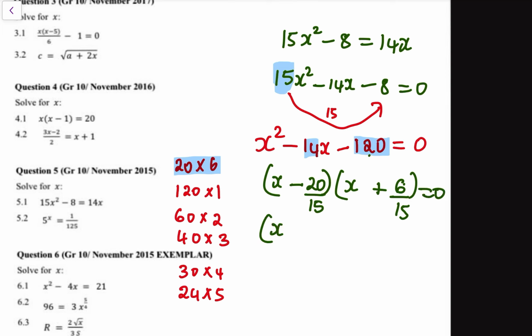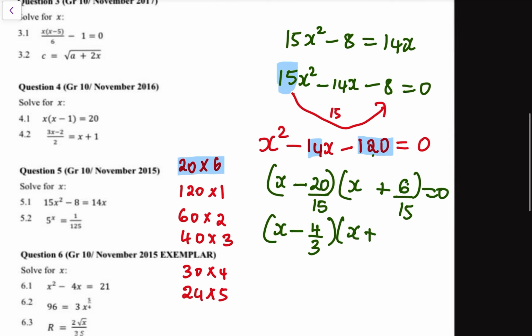So basically we have x minus 20 over 15, which is the same as 4 over 3, into x plus 6 over 15, which is the same as 2 over 5, because 3 goes twice into 6, and it goes 5 times into 15. So this is equal to 0.